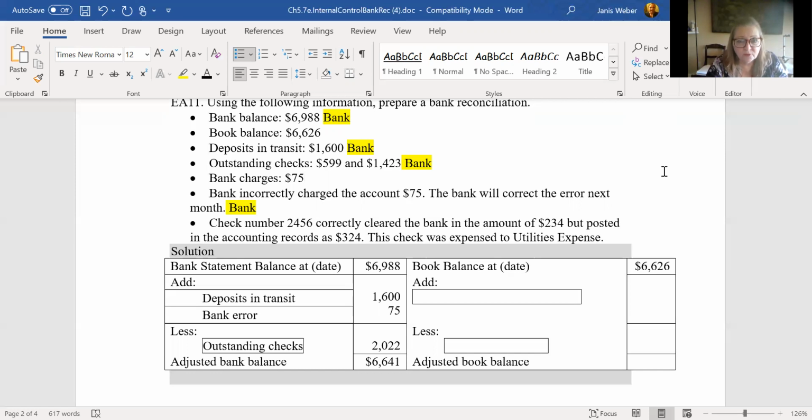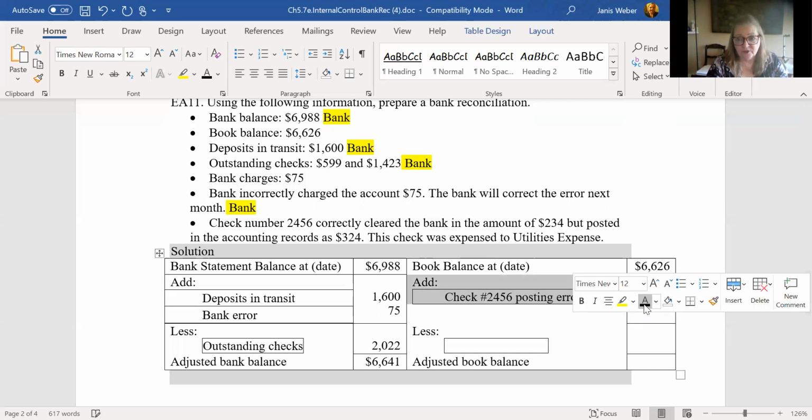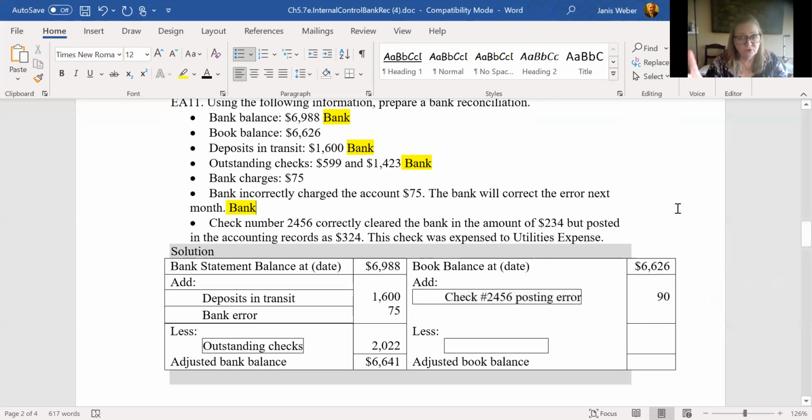Let's see, check number 2456 correctly cleared the bank in the amount of $234, but it posted in the accounting records for $324. So we had an error in the books where we deducted too much. So we're going to add back that error correction, because we reduced our balance by $324 when it should have been $234.